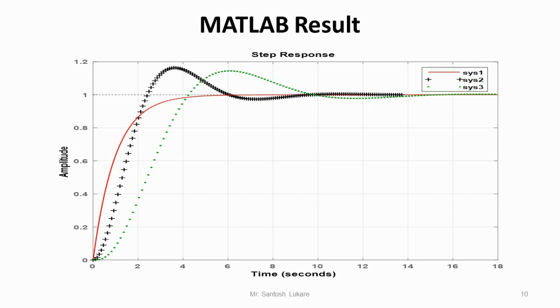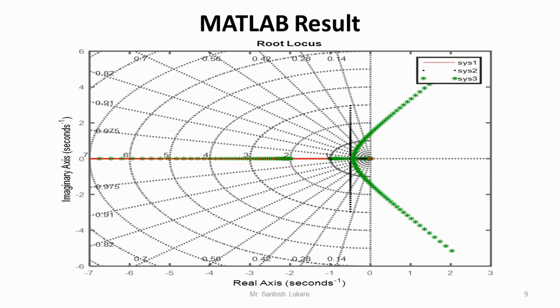In other words, the relative stability of the system becomes less, or the system becomes more unstable as compared with the original system. System 3 is more unstable than system 2, which is more unstable than system 1. So if we add a pole to the open loop transfer function, the root locus is pulled towards the right hand side, and we know that the right hand side of the s-plane corresponds to the unstable region. That's why the system becomes unstable.